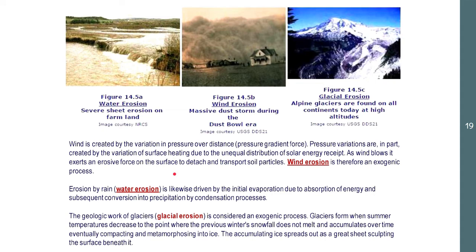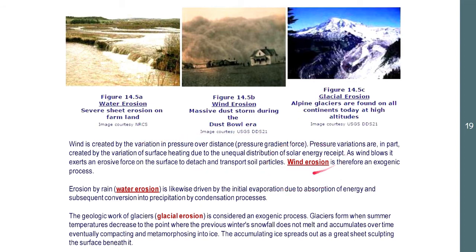So you see here more agents of erosion. For example, water erosion, such as severe sheet erosion on farmland, as seen by the movement of bodies of water. Wind erosion, as seen here in a massive dust storm. And glacial erosion, as the glaciers melt and travel downwards toward bodies of water, they bring with them certain rock particles and rock materials.